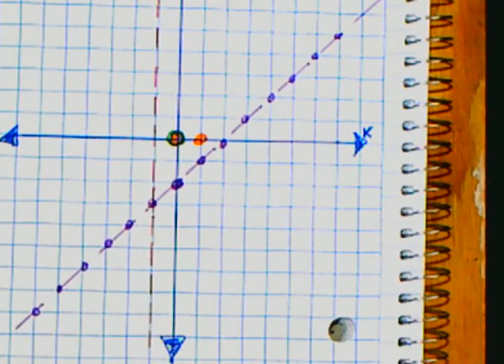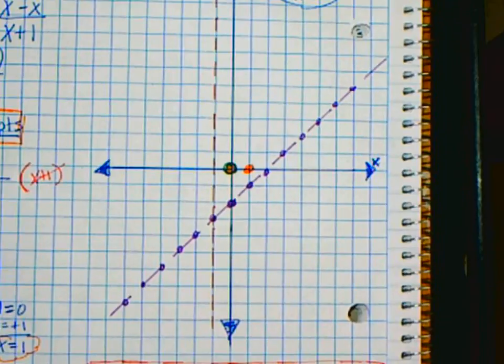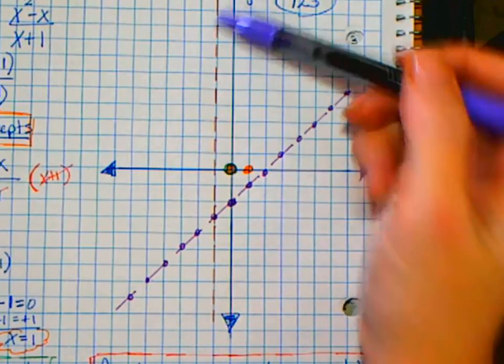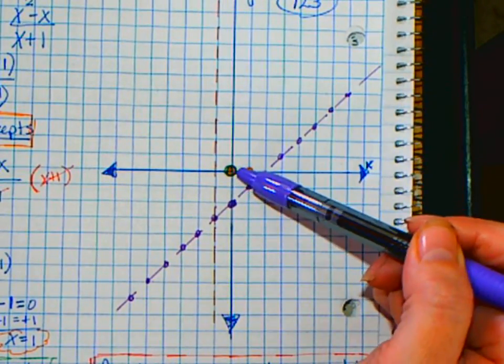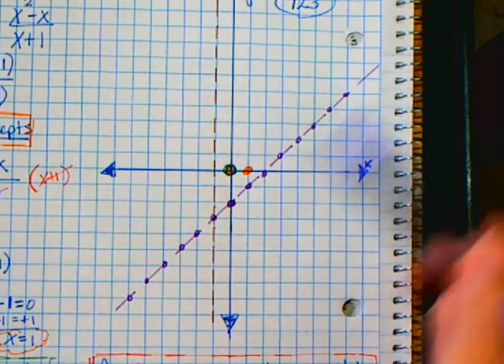So how many regions do I have? My asymptote separated this into how many regions? Four. We know we're going to have part of the graph in this region because of those two points, right? We've got this region here, this region here, and this region here.